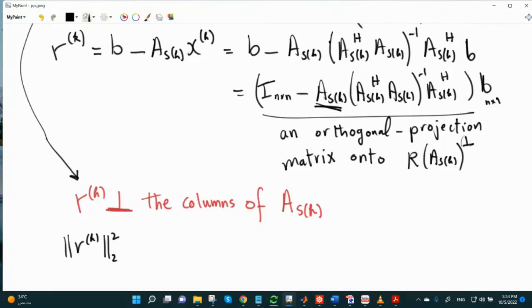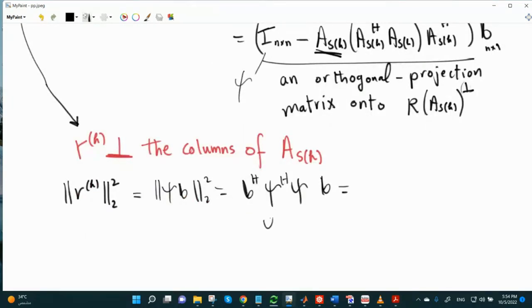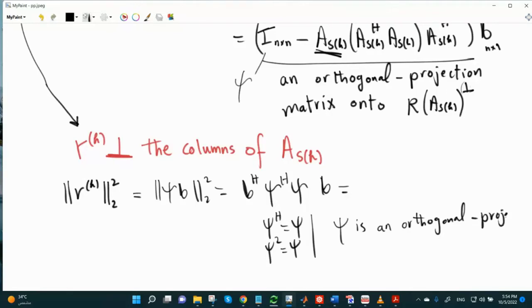Now, what is the L2 norm squared? If you call this matrix psi, then the L2 norm squared of psi b will be b Hermitian psi Hermitian psi b. But this is an orthogonal projection matrix, so its Hermitian is itself. So psi Hermitian is psi, and it is an idempotent matrix because psi is an orthogonal projection matrix.